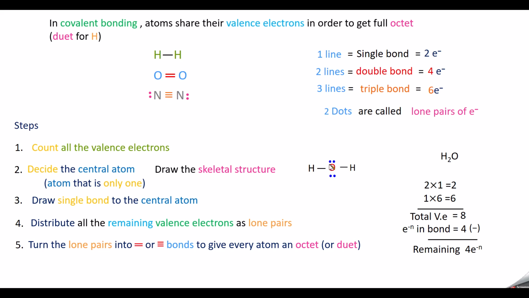So in this case, the 8 electrons on every atom is satisfied, but in some cases it is not. In that case, you have to convert a lone pair into a double bond or triple bond to give every atom 8 electrons. So this is how you have to draw the Lewis dot structure.